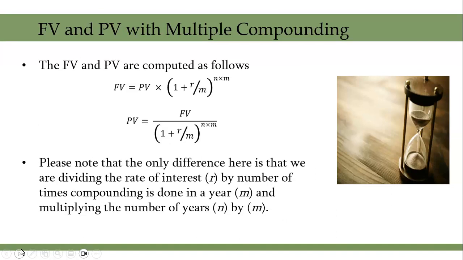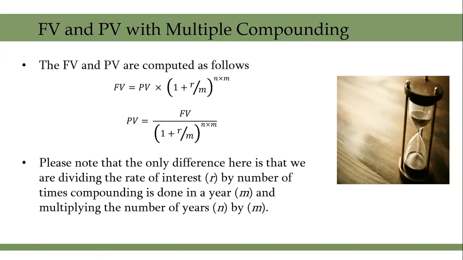The formula that we studied in the first session, future value equals present value into (1 plus r) to the power of n, is slightly modified here. Future value is equal to present value into (1 plus r divided by m) to the power of n into m. Therefore, present value becomes equal to future value divided by (1 plus r by m) to the power of n into m.